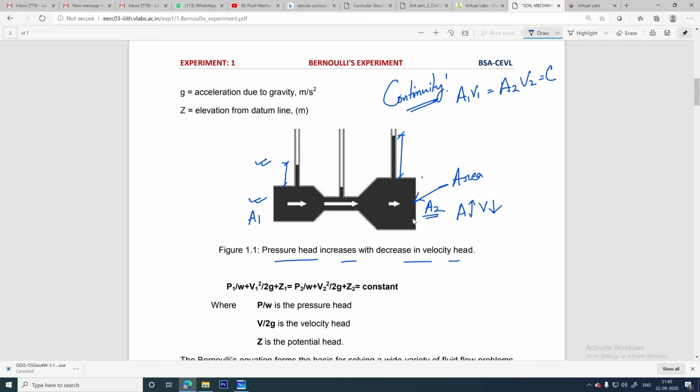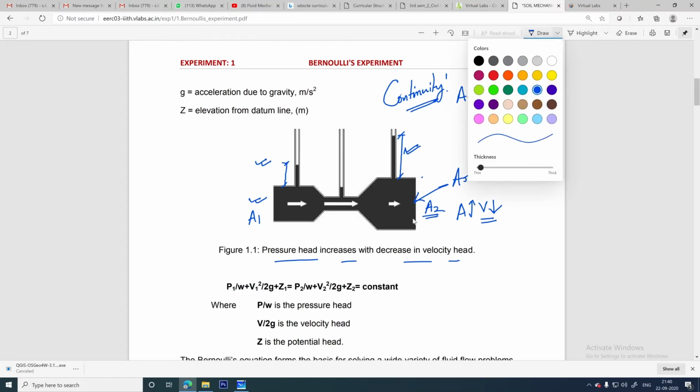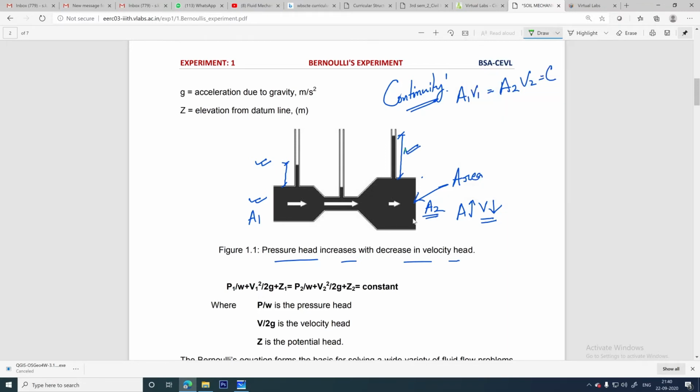Now when the velocity decreases, the pressure head basically increases. So that is what I am going to say here: when the cross sectional area increases, the velocity decreases, and when the velocity decreases, the pressure head increases.